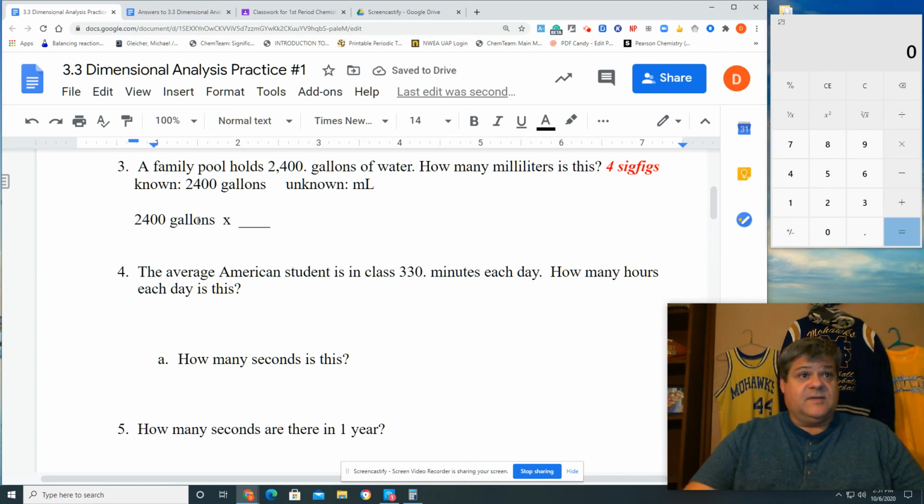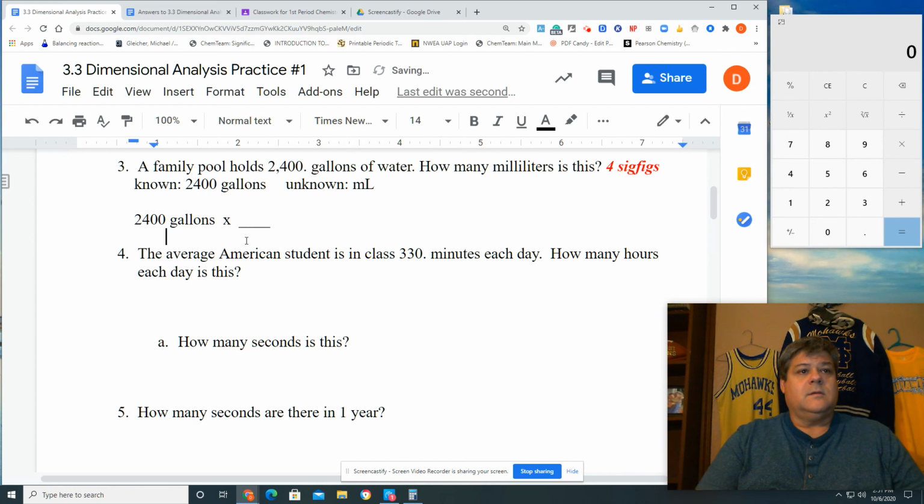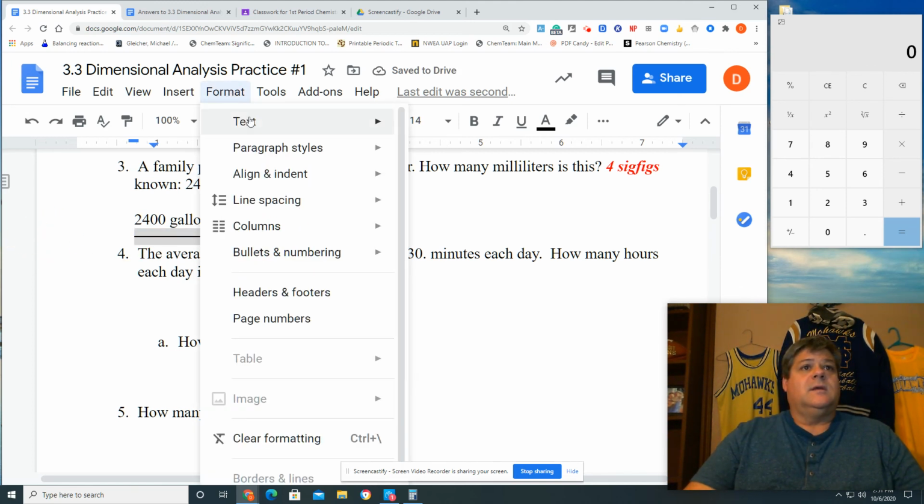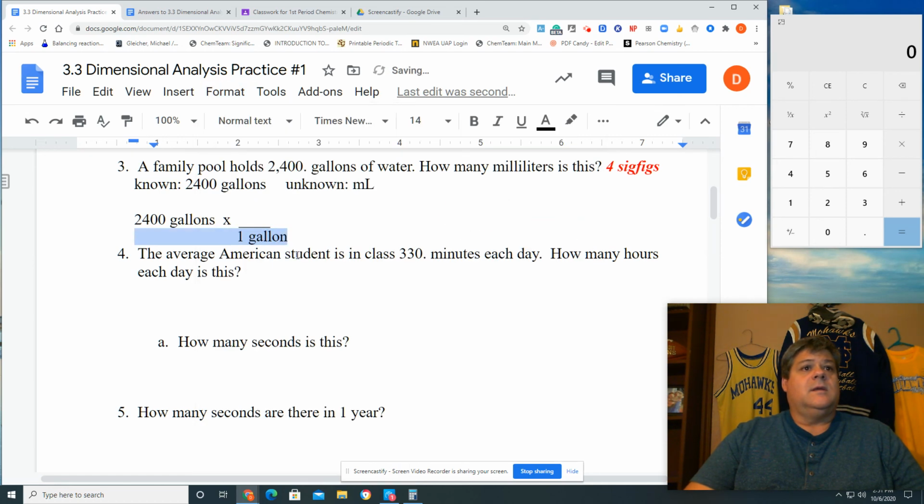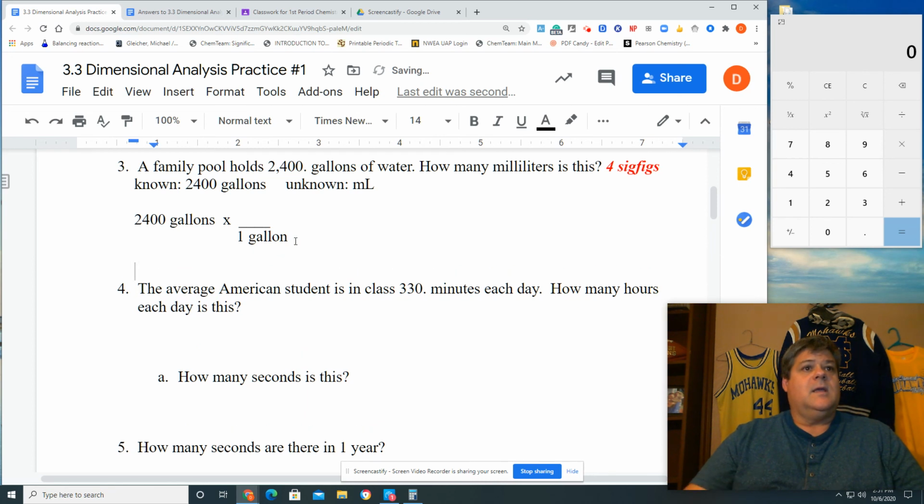So in order to cancel out gallons, we have to put gallons down here. We're going to say 1 gallon is equal to how many liters?